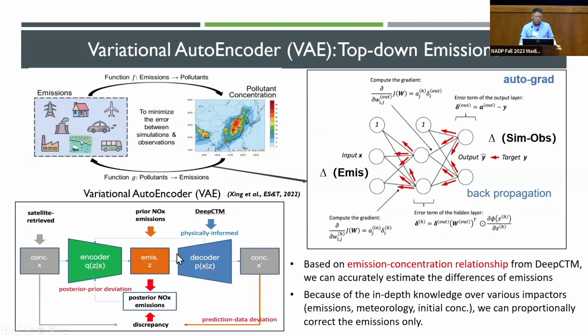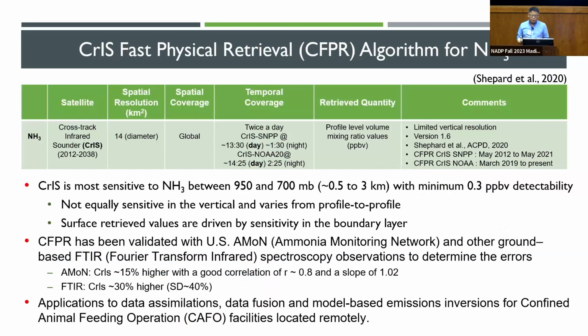And once the information has been passed on to the encoder, it takes the satellite retrieval data set that we used from our collaborator from Canada. That data gets put into the encoder and we get the emissions data set. And then we can compare them to see how much of the emissions is underestimated or overestimated, based on actual measurement of the ammonia that considers the physical and chemical information.